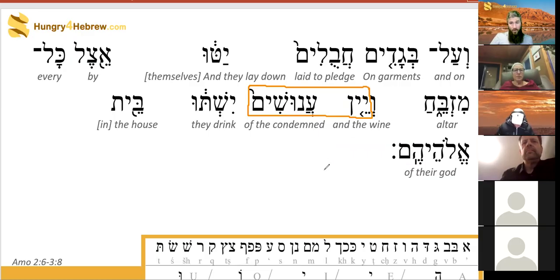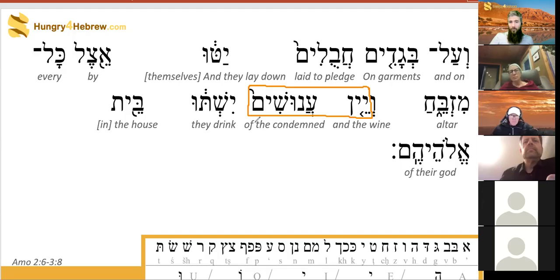And the standard answer should be that if it is definite, then the last word of the construct chain, anushim, should be definite. It should have either a ha in front or a pronominal suffix at the end, and it does not. So should this be definite?